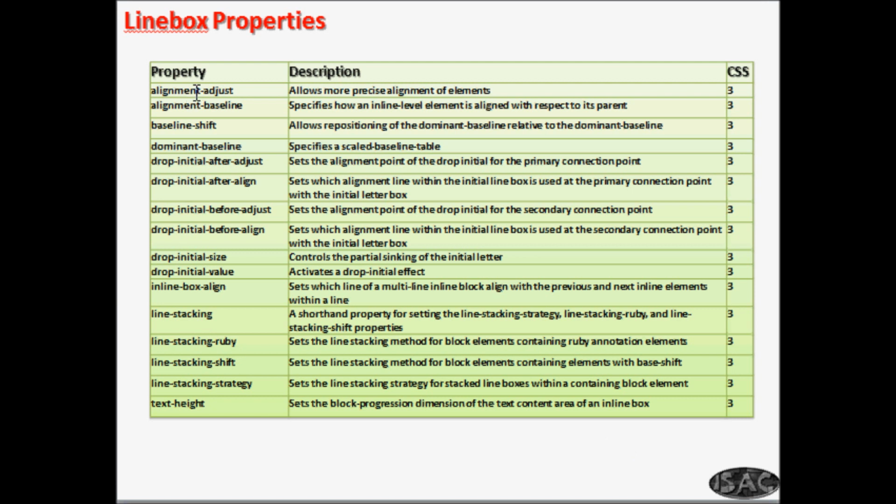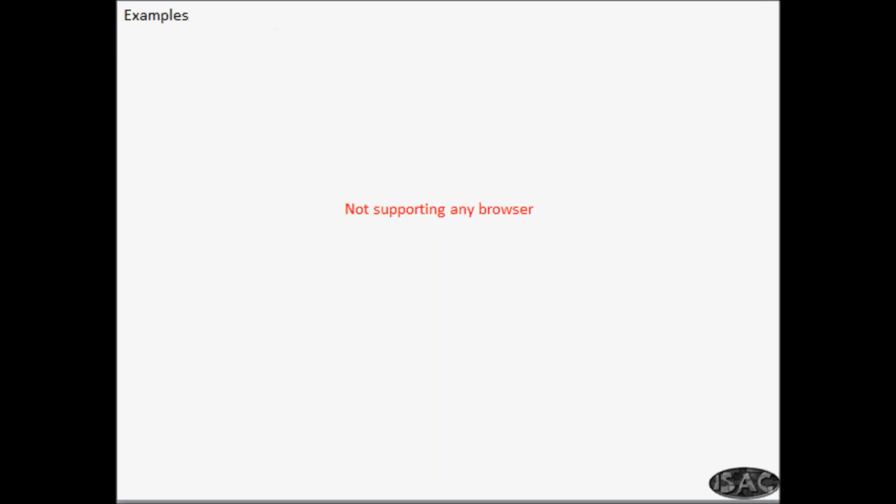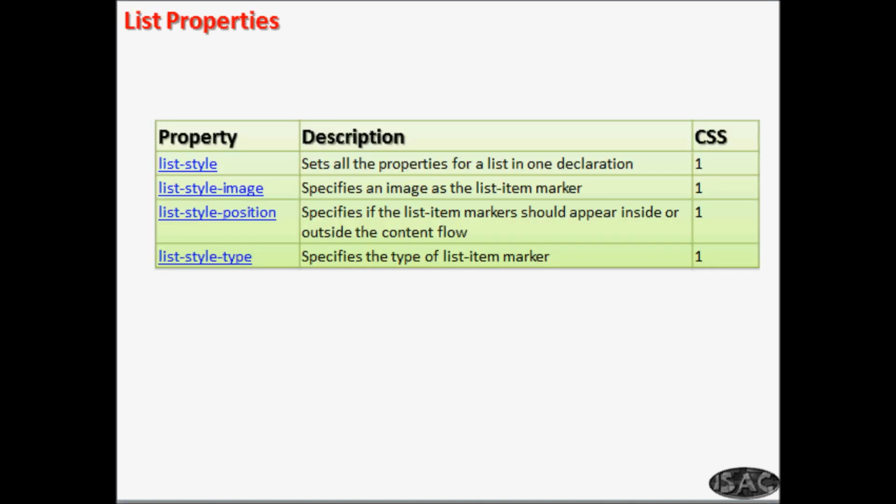There are several things related to the line box properties: alignment adjust, alignment baseline, text height, line stacking shift. A lot of stuff is there, but it is still under development, not supported by any of the browsers. In the list, we know list-style-image, we can use an image as a list marker, like we have circle, square and so on. List-style-type specifies the type of list item marker.